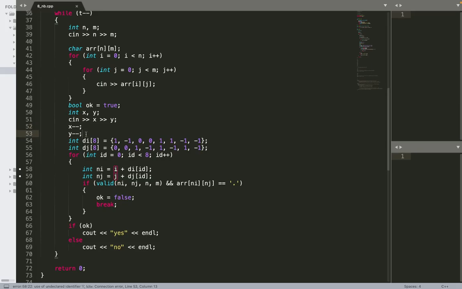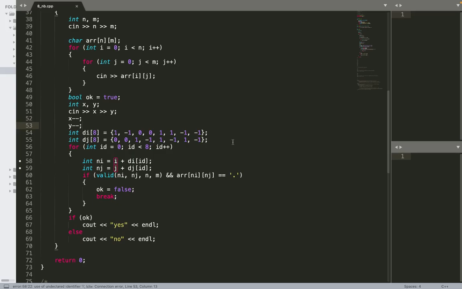Okay, and then we just populate the di and dj arrays, and for a fixed idth direction, we figure out the new i and new j. And now one important thing to note here is we have to check that, okay, is it valid? That is, is it within the bounds of the matrix, or is it going beyond the bounds?